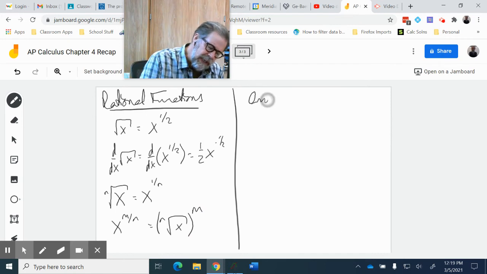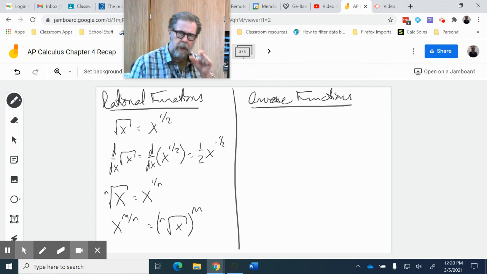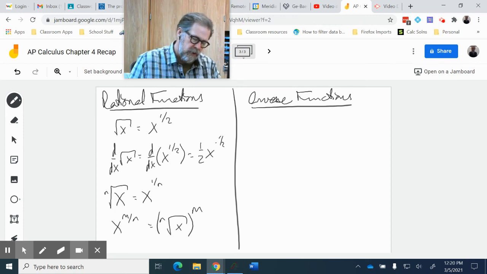And finally, last thing for this quick video, inverse functions. And I'm going to post up a separate video that I'm going to clip out of a discussion we had in class yesterday about finding the derivative of an inverse function.